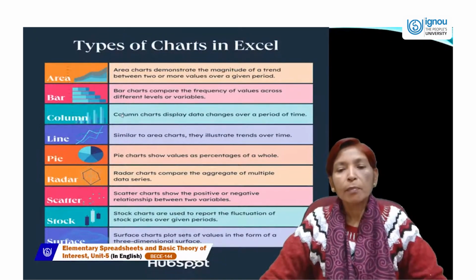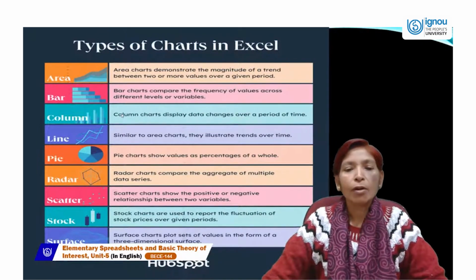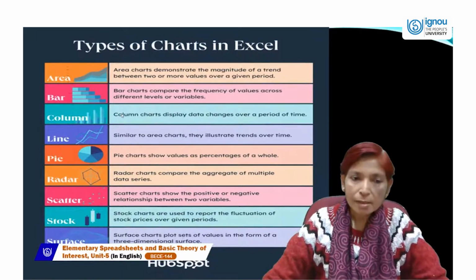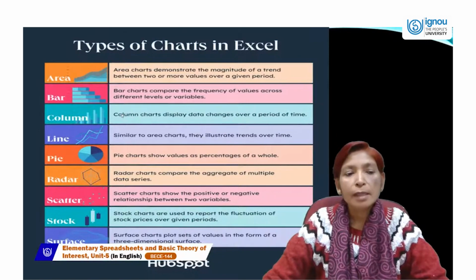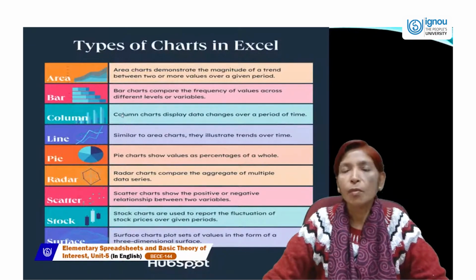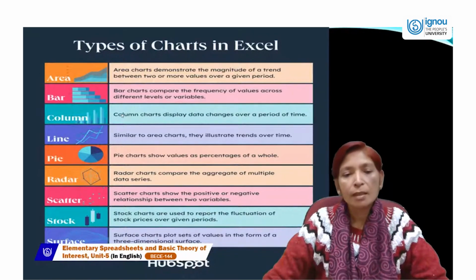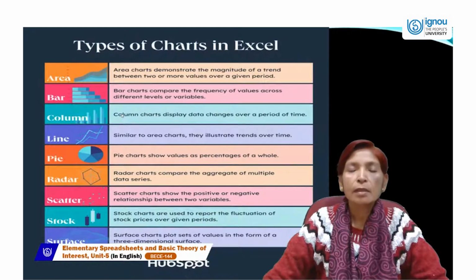Radar chart compares the aggregate of multiple data series. Next is scatter diagram. Scatter diagram we use to present the relationship between two or more variables. Scatter chart generally shows the positive or negative relationship between two variables.